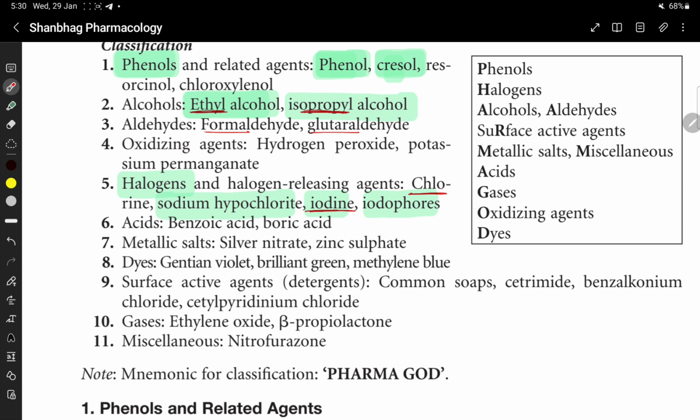R for surface active agents or detergents like common soaps and cetrimide.